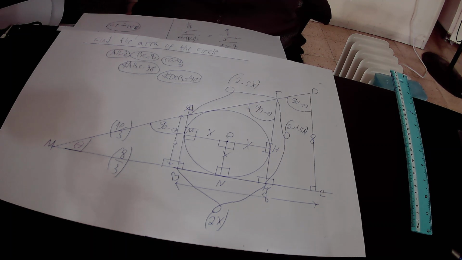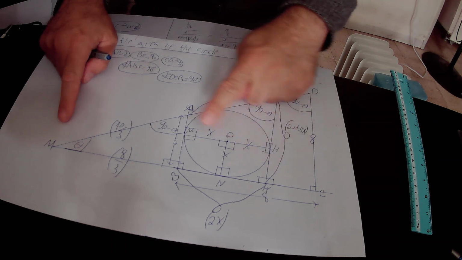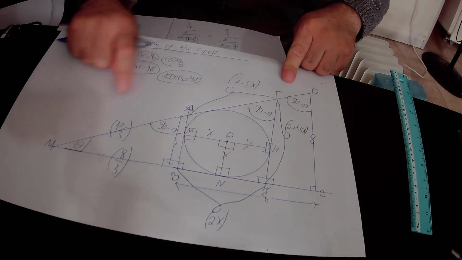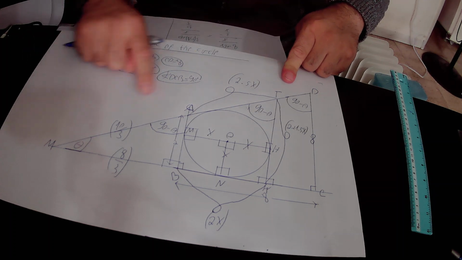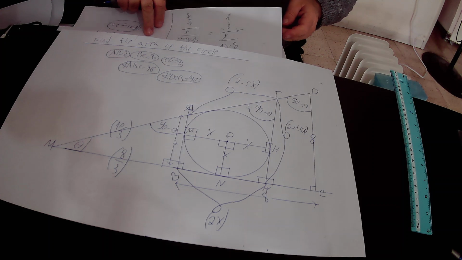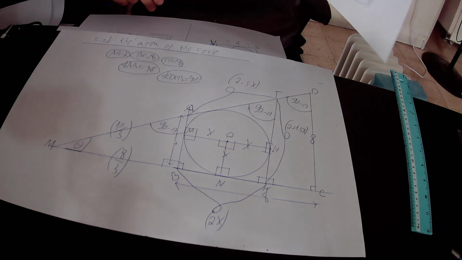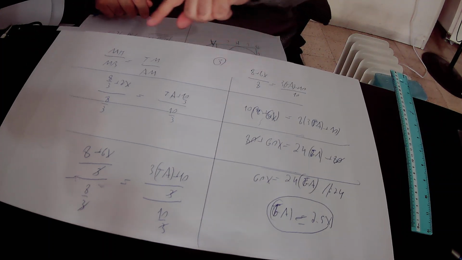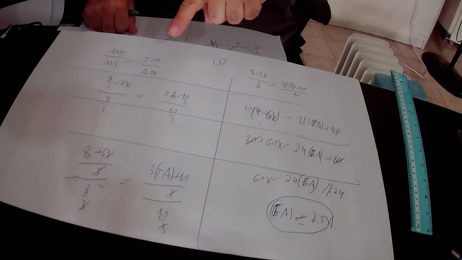The relationship is as follows: MK in the big triangle over MB in the small triangle equals TM in the big triangle over AM in the small triangle. Repeat again: MK over MB equals TM over AM.